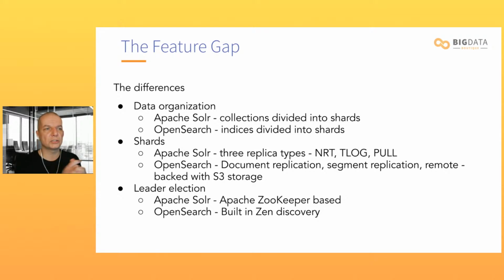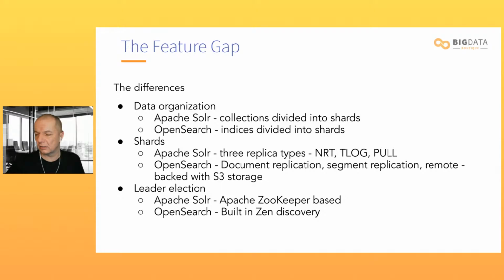In OpenSearch, we have document replication and segment replication, and also, which is awesome, the S3 backed one. So you put the data there and they get it when they need. It's awesome if you have cold storage.